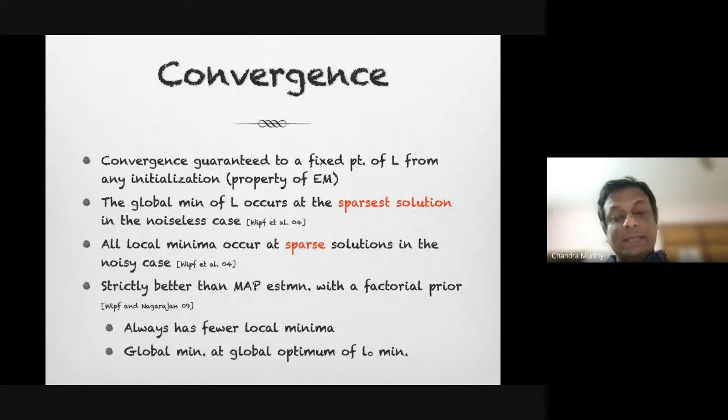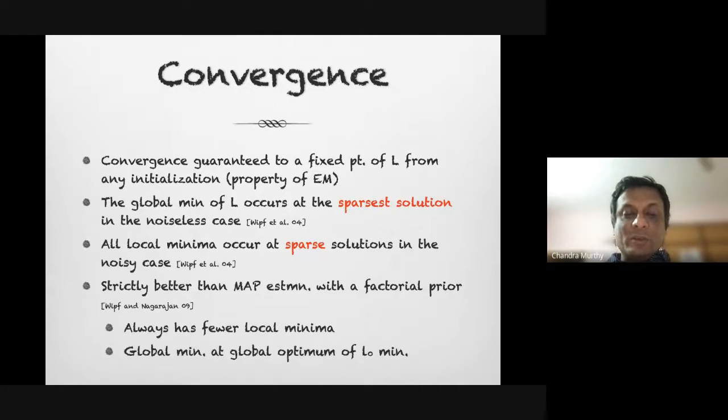Whereas for the MSBL algorithm, one of the properties is that the sparsest solution is always a global minimizer of the SBL cost function. And in fact, even in the noisy case, even if the algorithm goes to a local minimum, all these local minima will be at sparse solutions. By sparse solutions, I mean solutions where there are at most m non-zero entries, where m is the number of measurements.